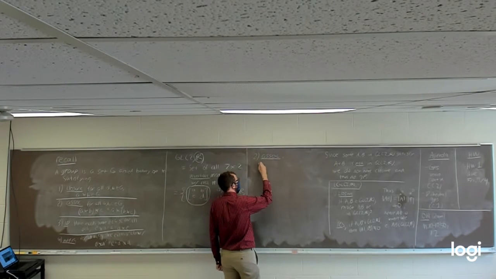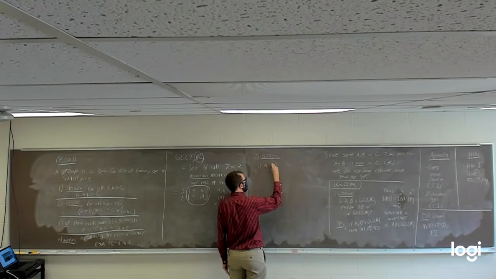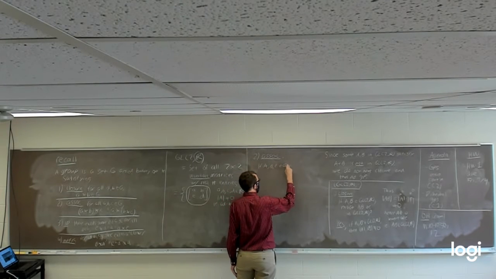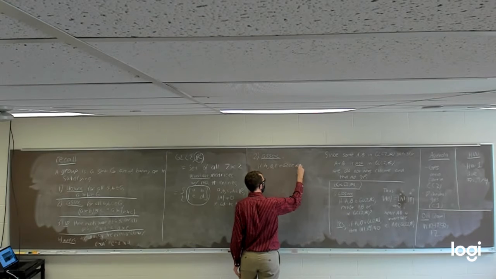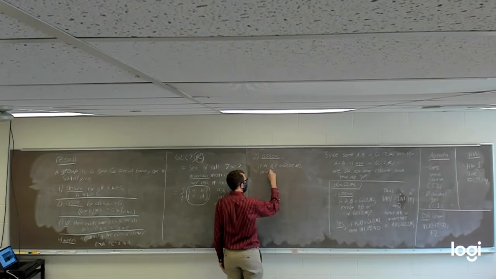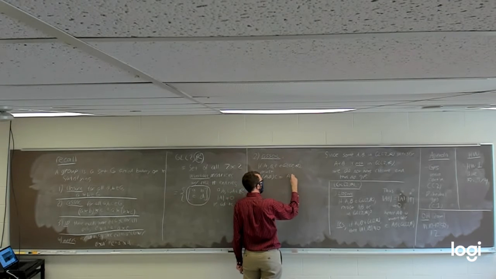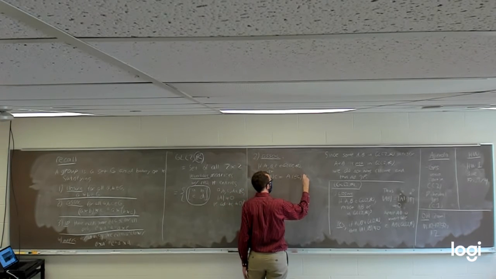So let's check associativity. If A, B, and C are all invertible matrices, if we take AB times C, is that going to give us the same thing as A times BC?